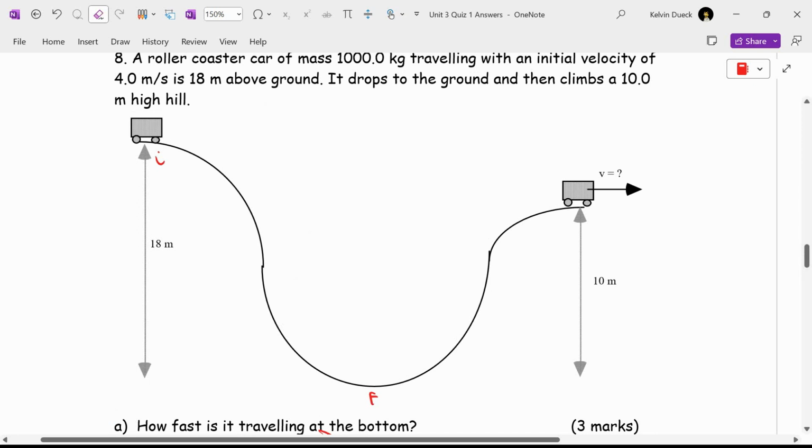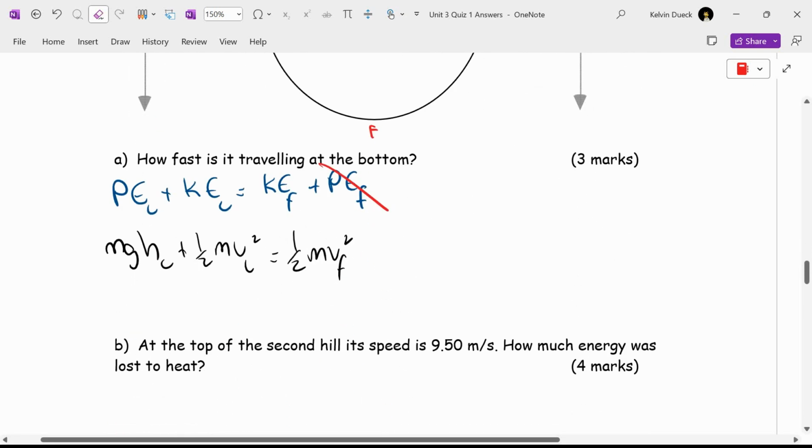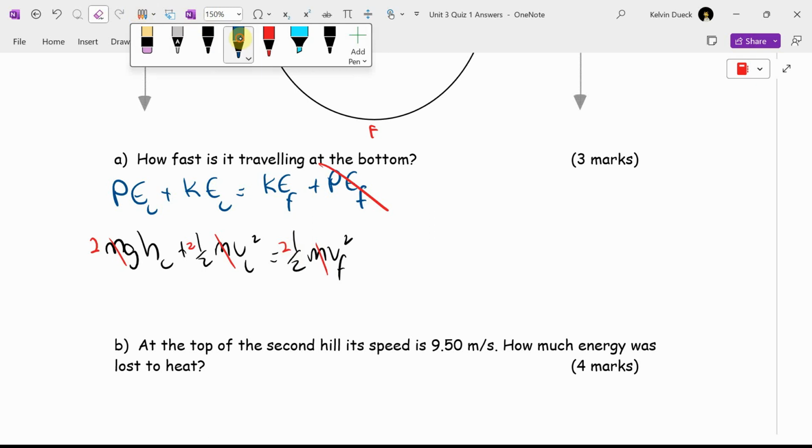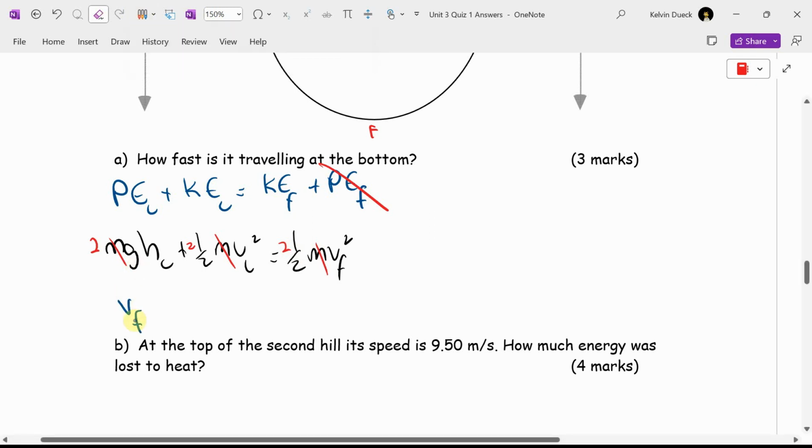Did they give me the mass? They did. Although, do I need the mass in this question? No. Yeah, the m's are going to cancel in this case because we're ignoring heat. And I'm going to go times by 2, times by 2, times by 2. And I'll get this. Vf squared equals 2gh initial plus vi squared.